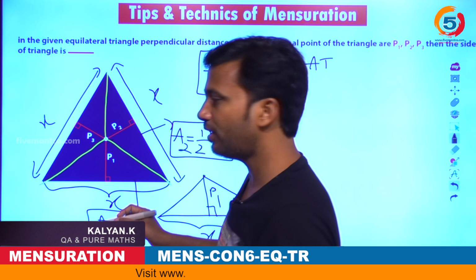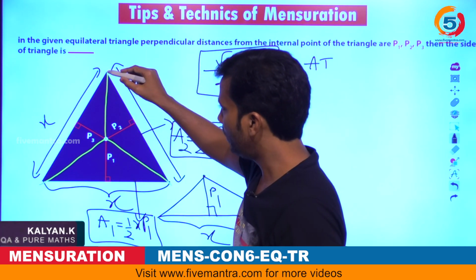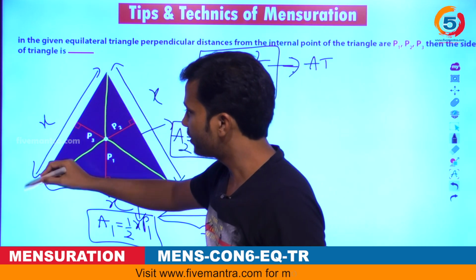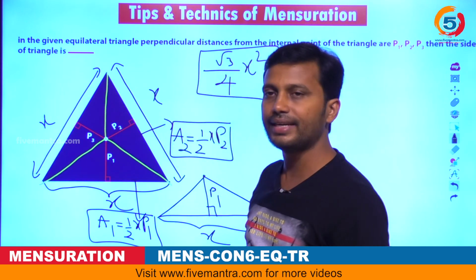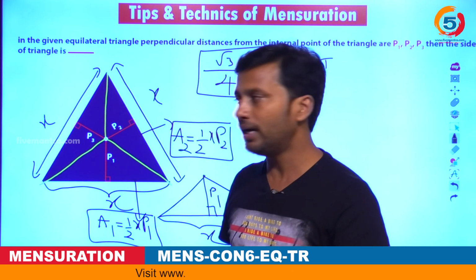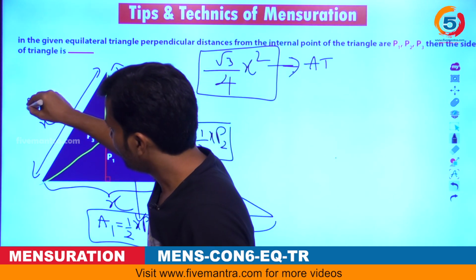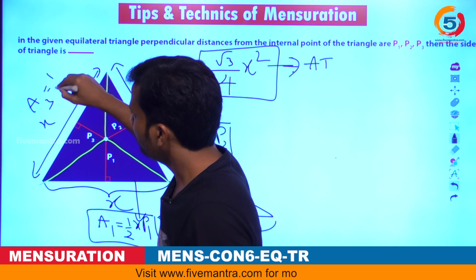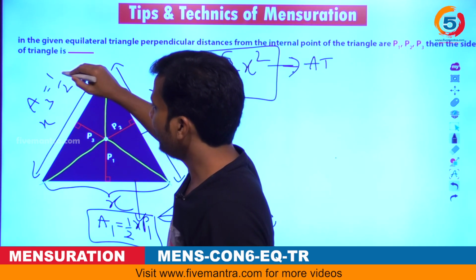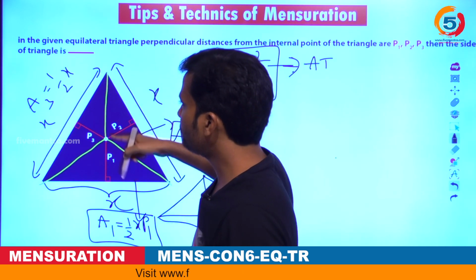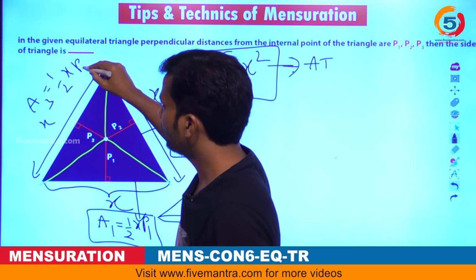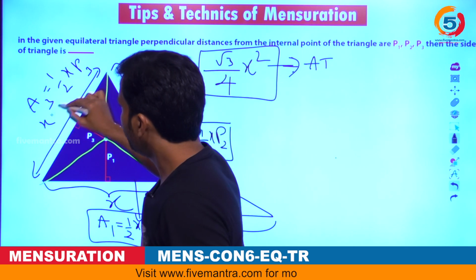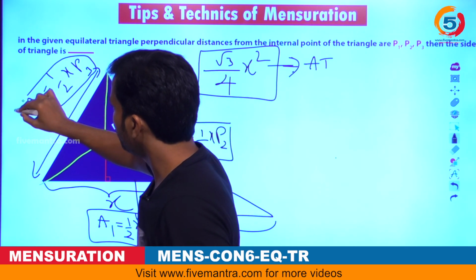Now let us move on to the third triangle. Here x is the base and P3 is the height. Then what would be the area? A3 equals half into base x and height P3. So the third area is half x P3.